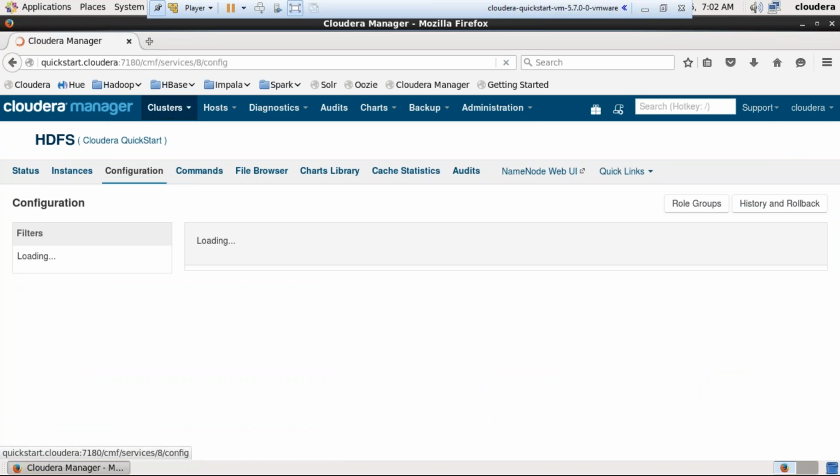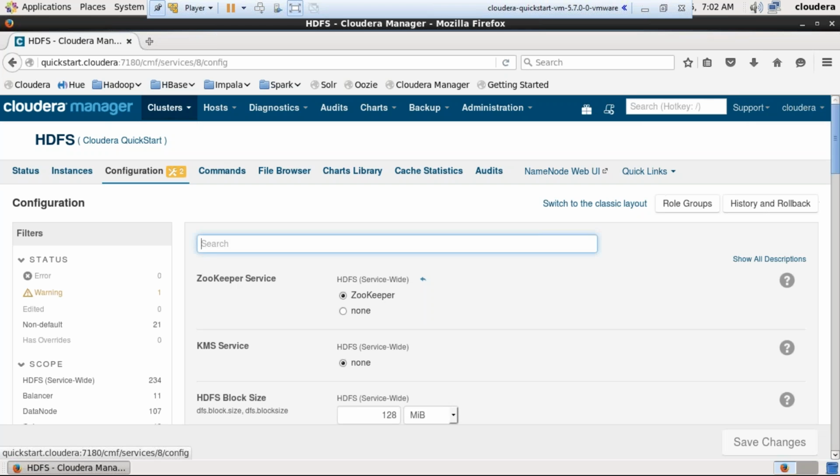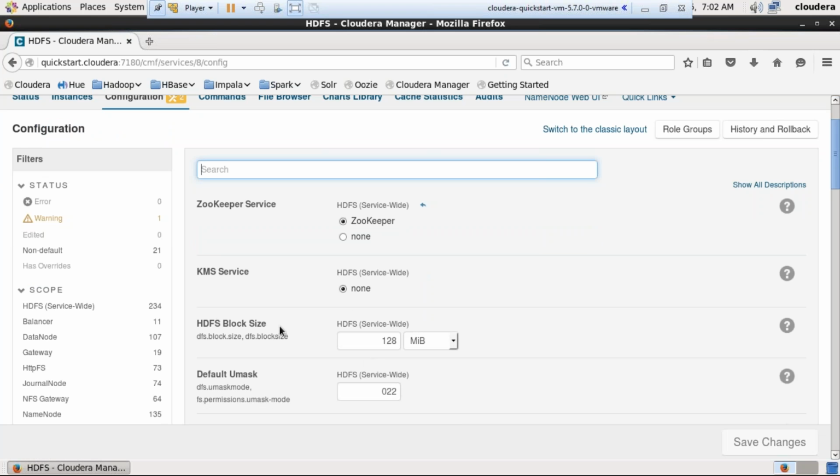You go to your configuration in terms of HDFS. What is HDFS block size? It is 128 MB that is configured here.